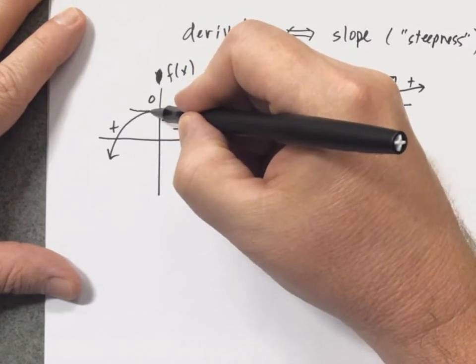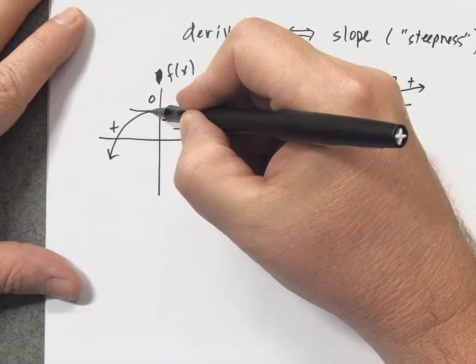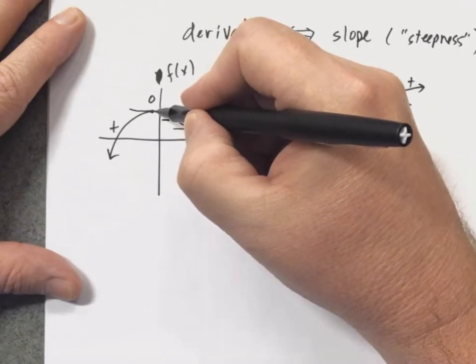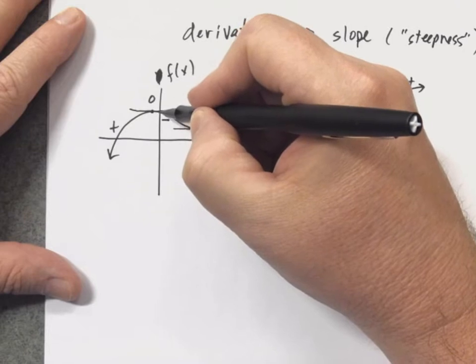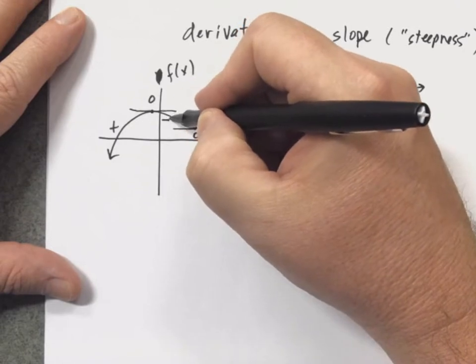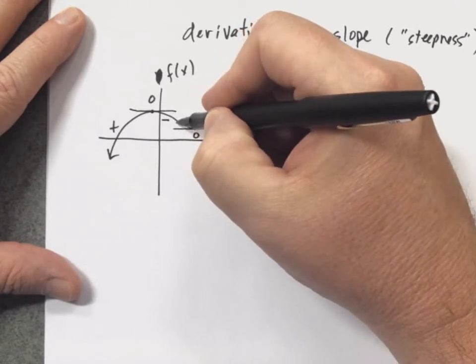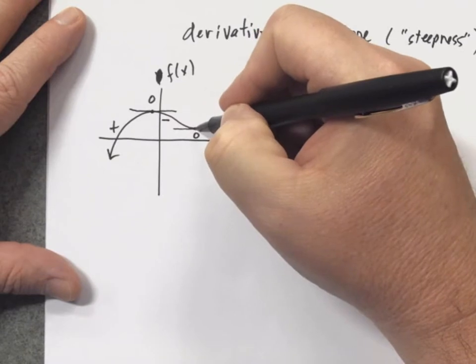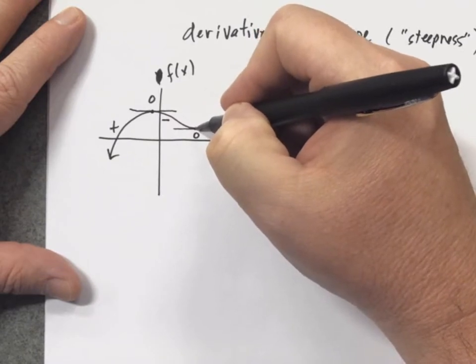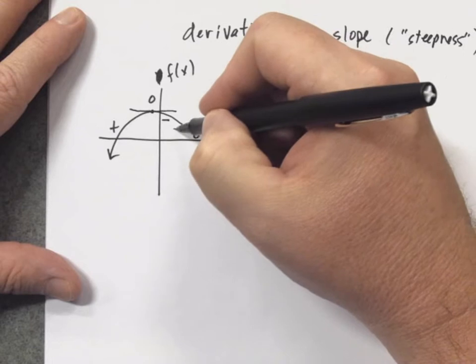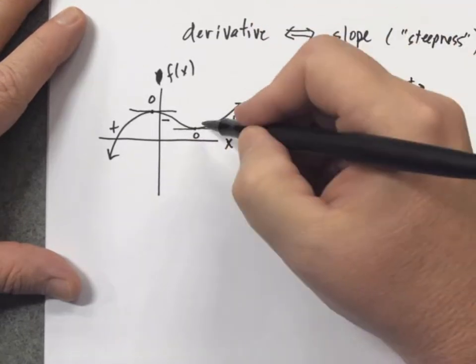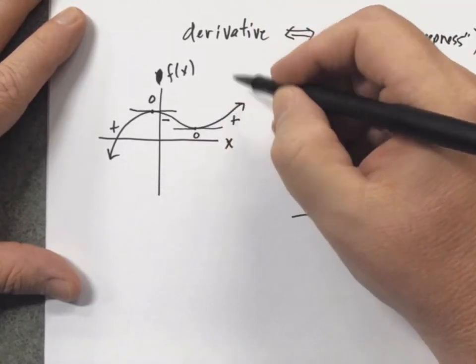Finally, at the top here, the slope actually goes to 0. It's not positive anymore, it's 0. And then, because our function starts to go down, the slope becomes negative. The slope continues to be negative until we get to this point, and the slope goes back to 0 because it's horizontal. And then the slope becomes positive.